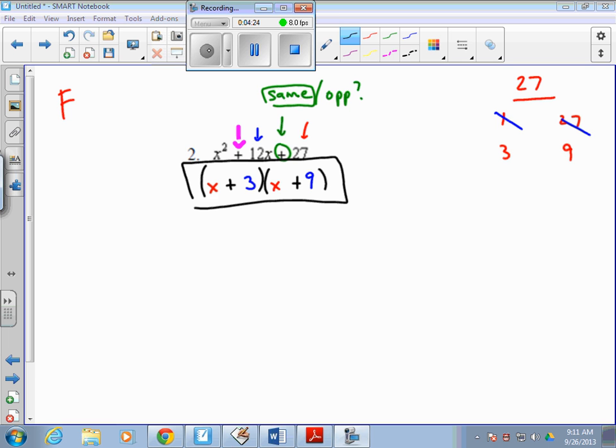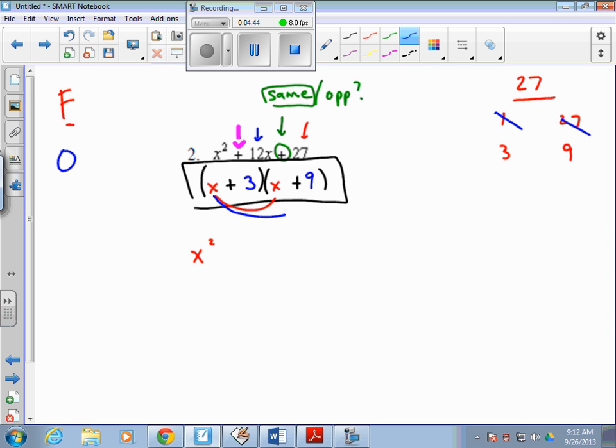And the reason we have x plus 3 times x plus 9 is, if you FOIL these numbers back, it'll get you back to x squared plus 12x plus 27. Let's see if that's the case. F stands for first. X times x is x squared. Then the O stands for the outer 2 numbers.